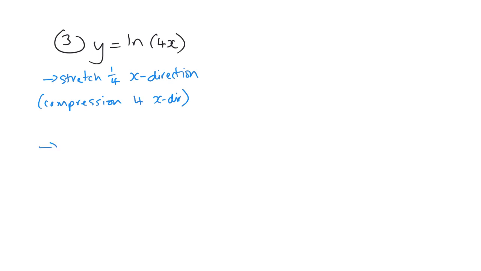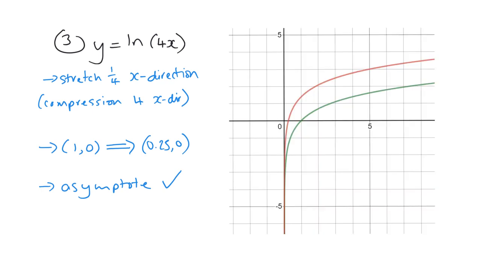Okay, so the point 1, 0 will go to 0.25, 0, but our asymptote will stay exactly the same. Again, our green graph is y equals ln x. You can see go through there at 1, and ln 4x here. That's going through at a quarter in there, but you can see they're both going to the same asymptote.